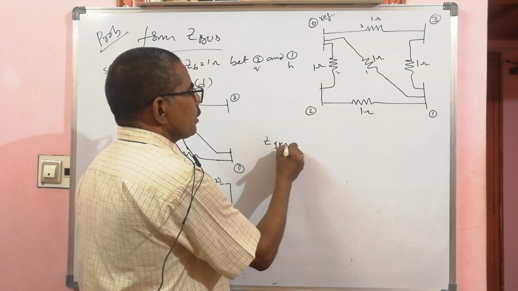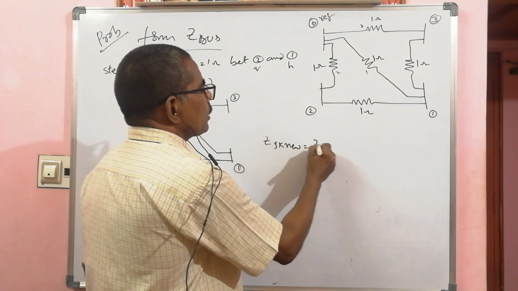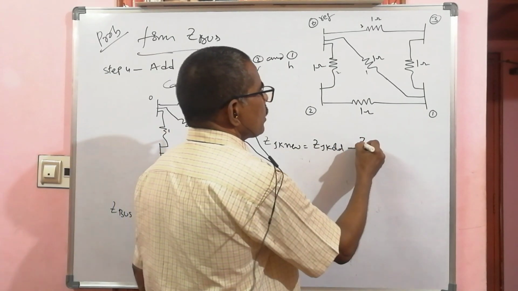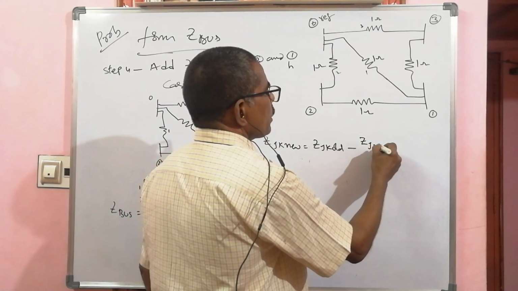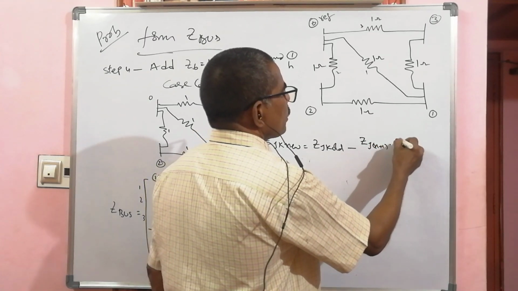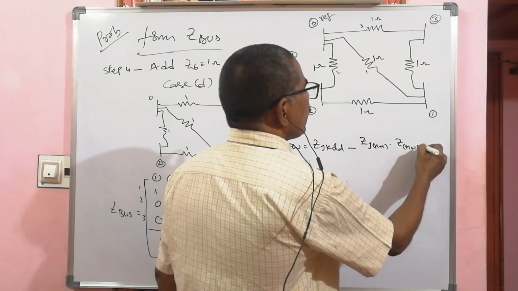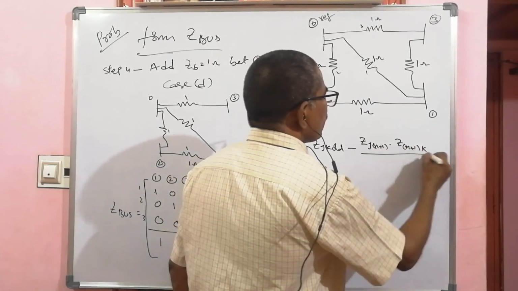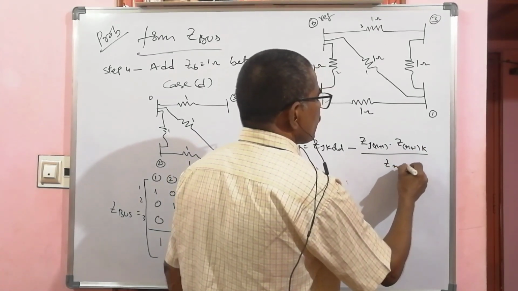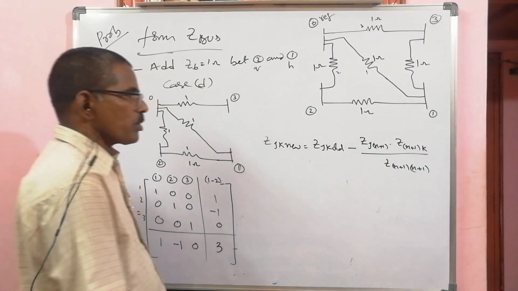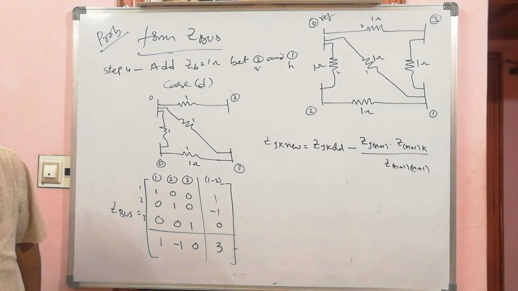ZJK new is ZJK old minus ZJ(n+1) Z(n+1)K divided by Z(n+1)(n+1). This is the formula to be used. Okay.